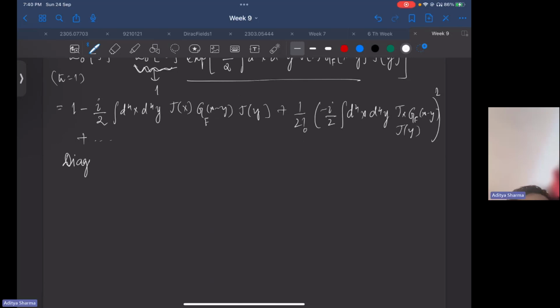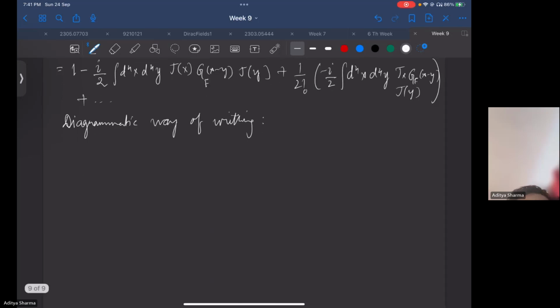Now the diagrammatic way of writing it. i by 2 pi to the power 4, a square minus m square, is written like this. Whenever I have something like this, I have to write this.